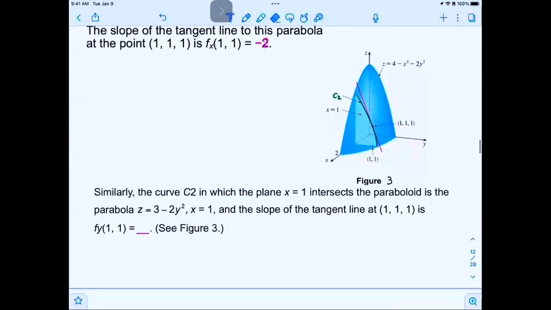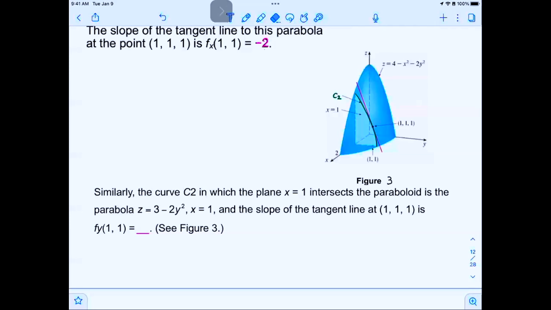What about if you fix x to be 1? Then when you take this vertical plane x equal to 1, it's going to intersect this surface here, resulting in this intersecting curve, C2.